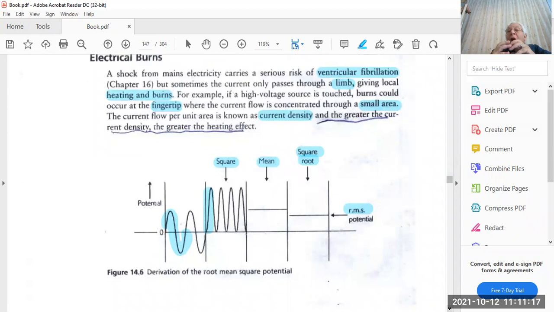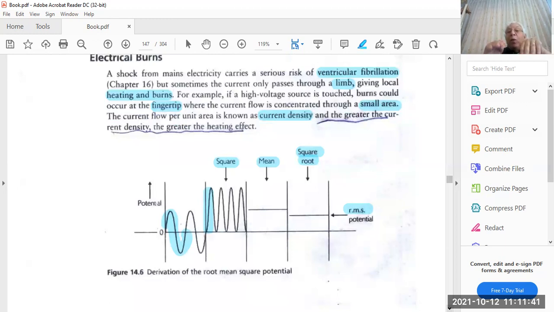In other words, to make the two currents similar to each other, to make a proper comparison, we take the alternating current, and then we square it. Why do we square it? So that the negative sine wave will be positive, and after we square it, we create the mean.